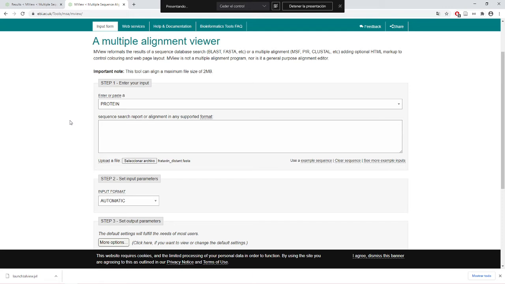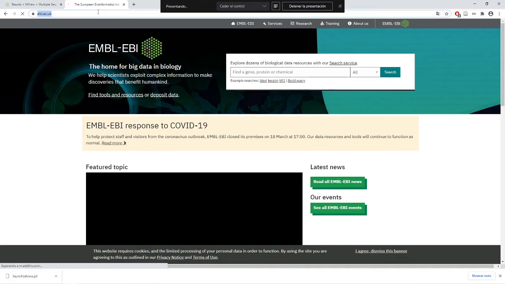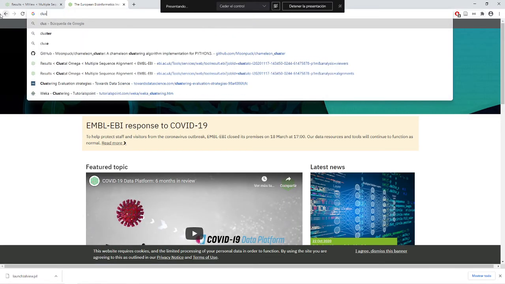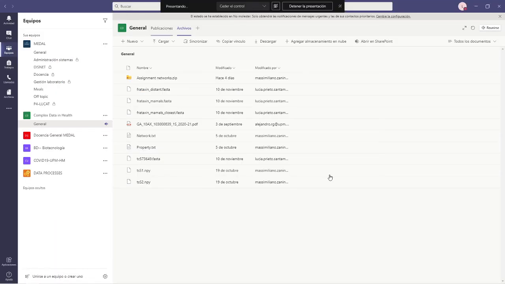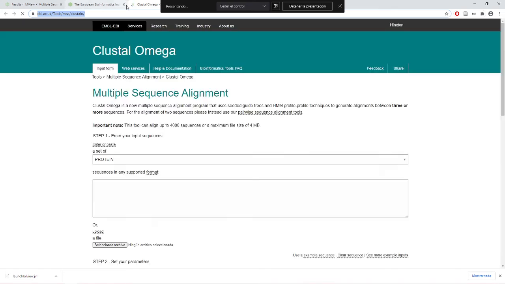You need to go to the first tool. No, MView. Oh, I'm in view. Okay, yes. Sorry, thanks. I have to go to Clustal. Yes, that's it. Sorry. Thanks.